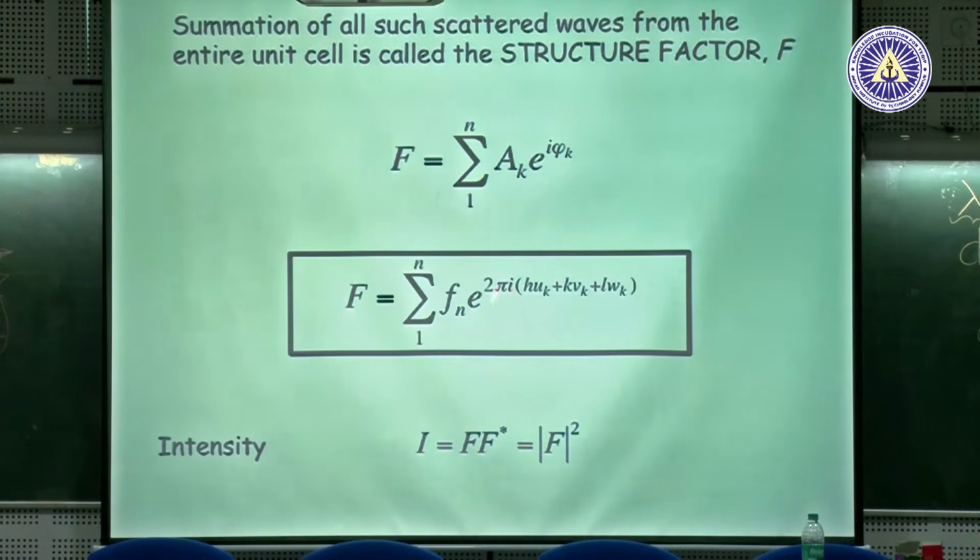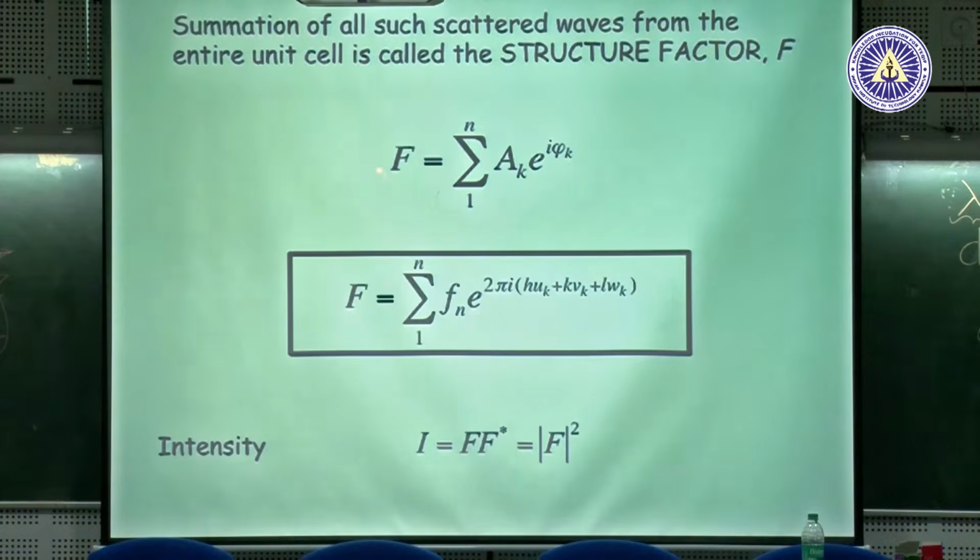And the A's are of course the atomic scattering factor. There is a mistake here, this should be f_k, and k is running from 1 to n. So, you will get an added up wave, and that is what is called the structure factor. f_n is called the atomic scattering factor, F is called the structure factor.